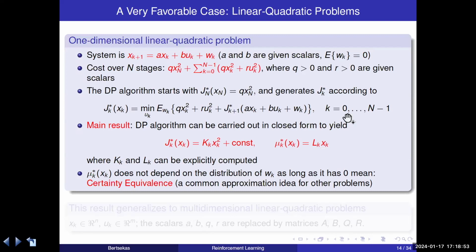We get the same result for the case where there is uncertainty with zero mean, and for the case where there is no uncertainty at all. It's the same policy. This is called certainty equivalence. And for linear quadratic problems, it holds exactly. In other contexts, we may wish to use it as an approximation idea.